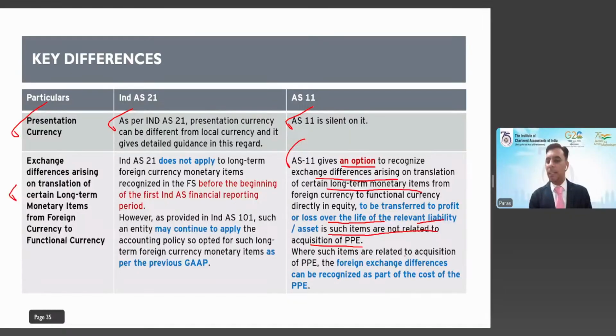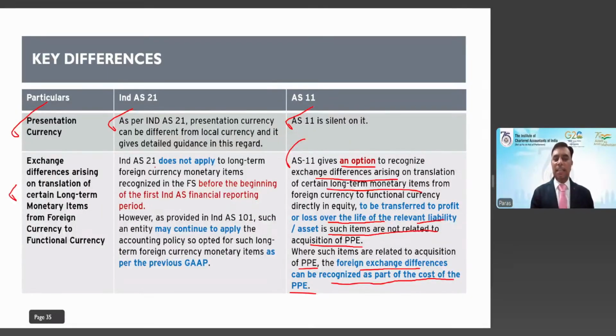Where such items are related to acquisition of PPE, the foreign exchange difference can be recognized as part of the cost of the PPE. So if you have taken the loan for working capital need or for any purpose other than the acquisition of the asset, then you can defer this amount to the FCMITDA account. But if you have taken the loan for the purpose of acquisition of the asset, then you can reduce or add to the value of the PPE, right?